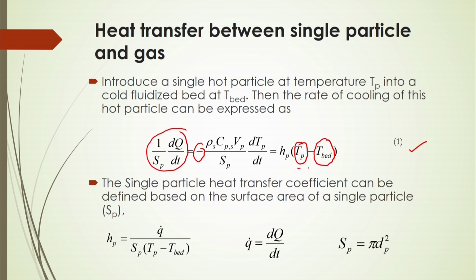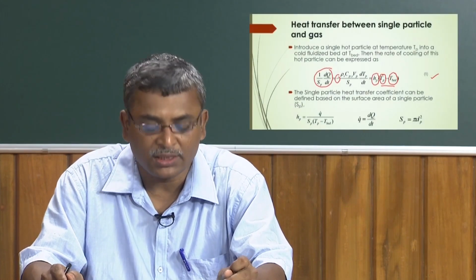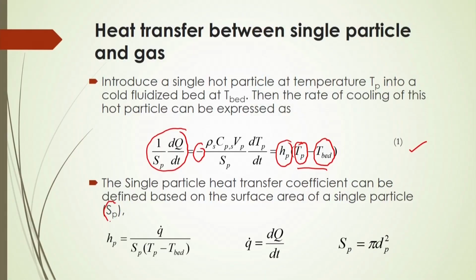This is the driving force of the heat transfer, and the rate of heat transfer will be proportional to this temperature driving force, and this proportionality constant is called the heat transfer coefficient. Since we are applying this to a single particle, it is called the single particle heat transfer coefficient. So, the single particle heat transfer coefficient can be defined based on the surface area of the single particle, that is denoted by S p.